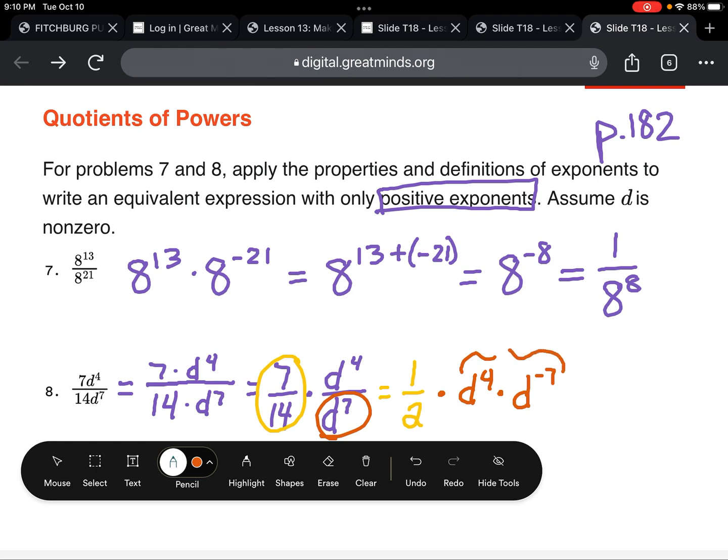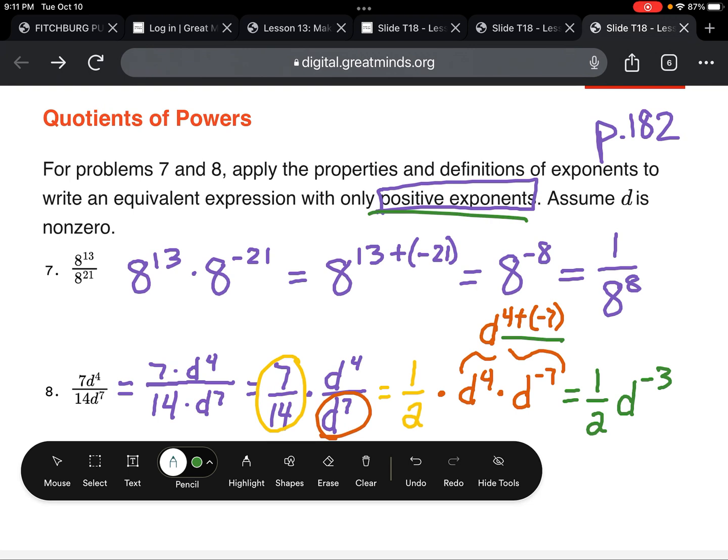I can simplify this into D to the 4th plus a negative 7. I still have that 1/2, that didn't change, but now I'm simplifying this part, so I have D raised to the 4 plus a negative 7. Well, 4 plus a negative 7 is negative 3.